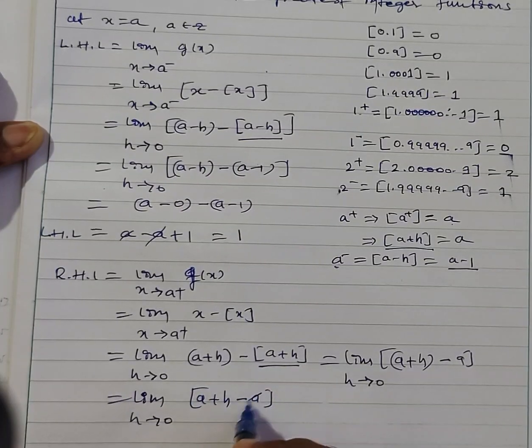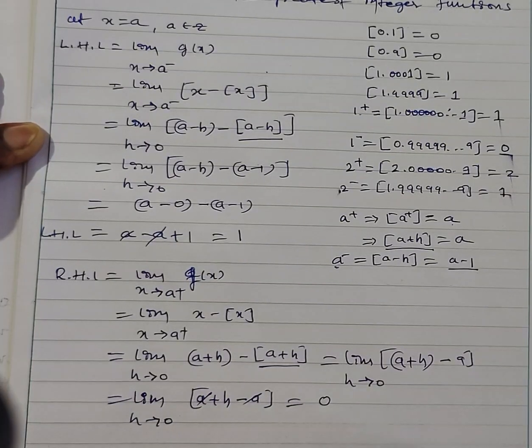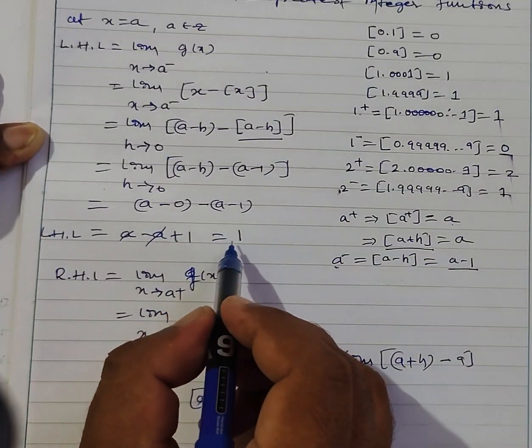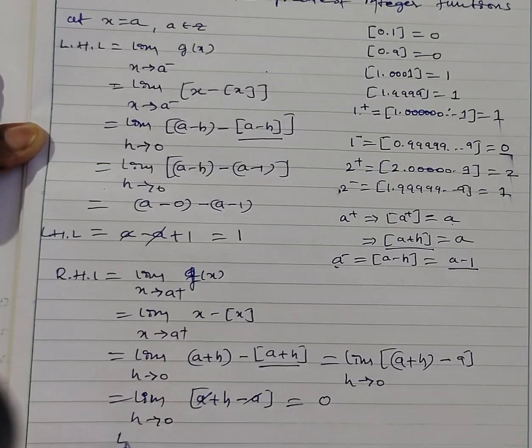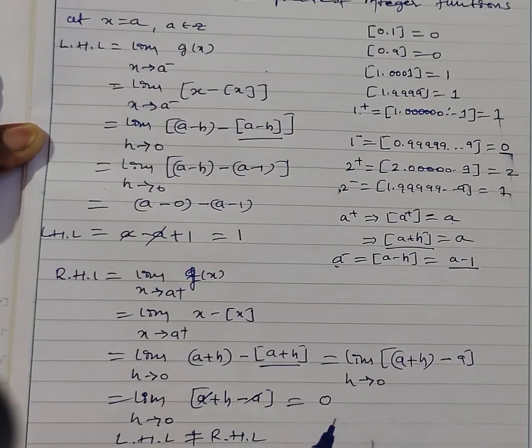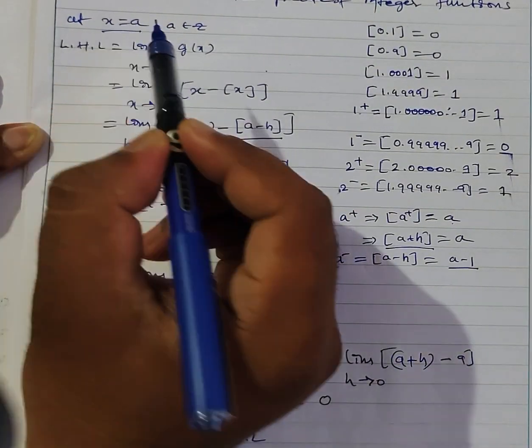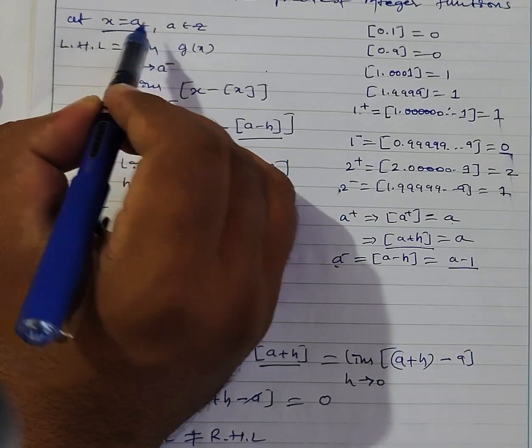A gets cancelled, and h tends to 0 means this value becomes 0. So what is the left hand limit? Left hand limit is 1. What is the right hand limit? 0. But the left hand limit is not equal to the right hand limit, where a is any integer.